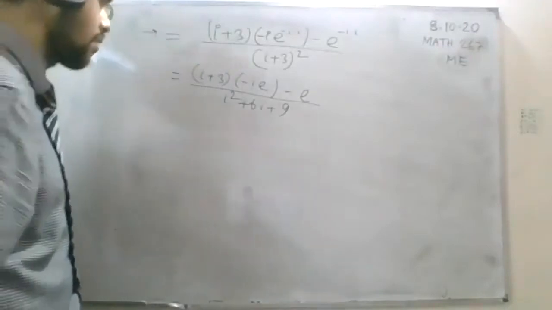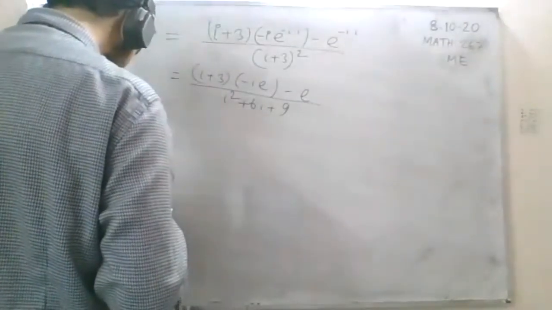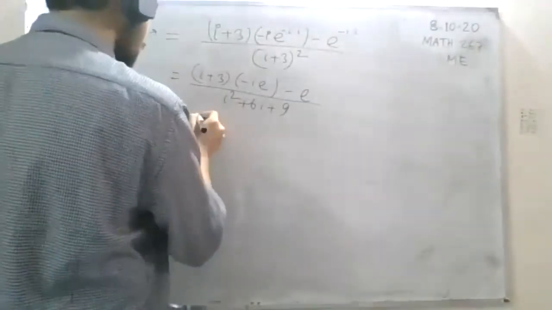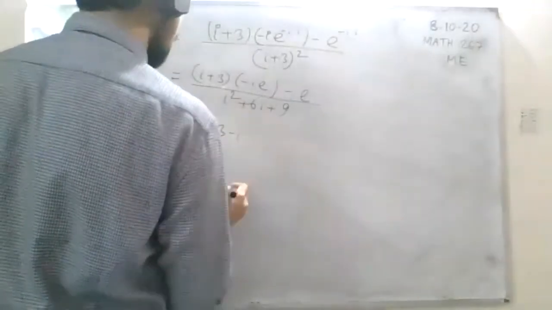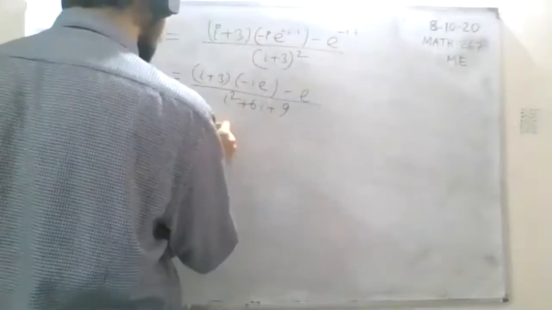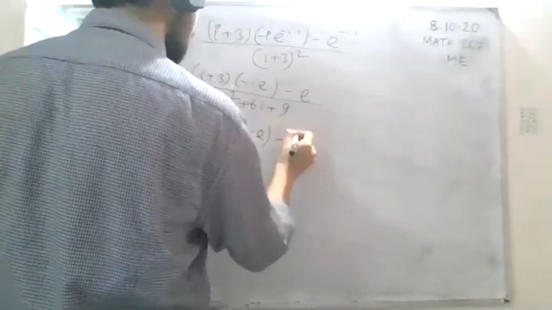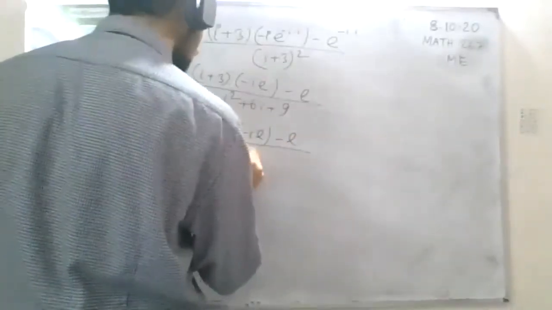After that, let's solve this equation. So here you can take plus 3. Here you can say minus 1 plus 6i.